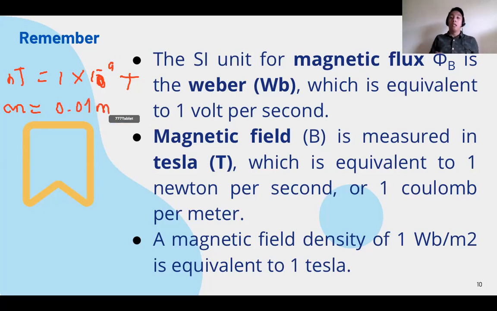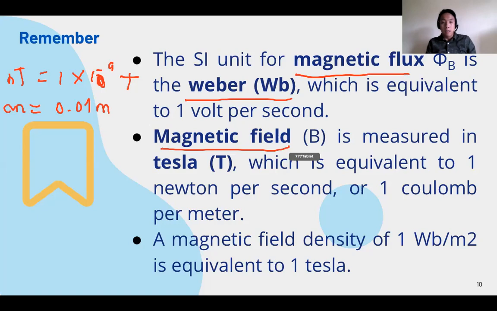So those are just additional, okay? Remember, additional things to remember for you to solve a particular problem that includes magnetic flux. Okay, let's review. Magnetic flux, the unit must be WB. Magnetic field, the unit must be Tesla.